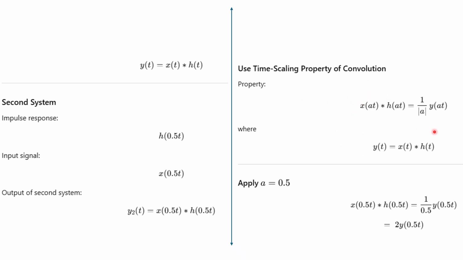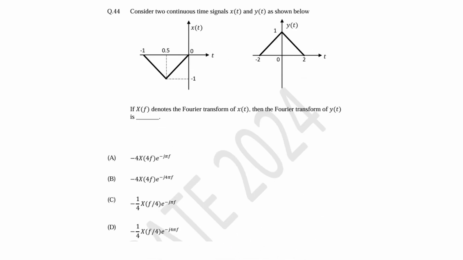In time scaling, the convolution, that is the product in the frequency domain, will be (1/a) y(at). We already know y(t) from system 1. Now we put a equal to 0.5 to satisfy our condition, because here we have h(at), that is h(t/2). Putting it in, we get 1/a and 0.5t, so finally it will be 2y(0.5t).